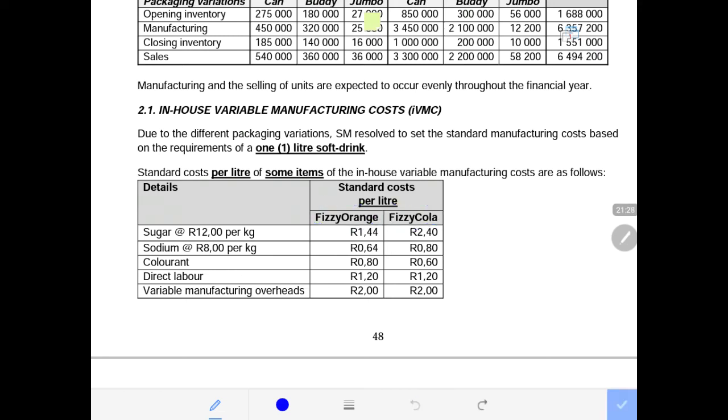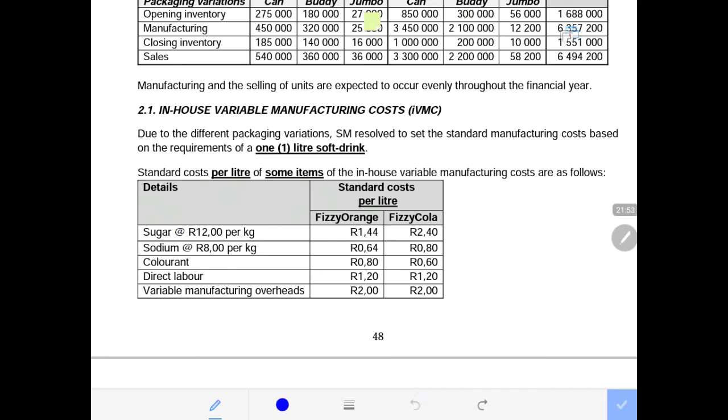Now, I just want to bring your attention to two of the primary ingredients for further analysis. Now, we have, in this case, R1.44 per liter. Then we need to say how much sugar do we need per 1 liter. Remember, the sugar is bought at 12 rand per kg, and then it is R1.44 per liter.